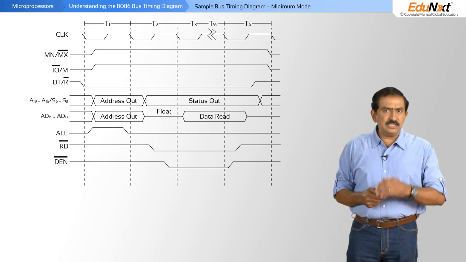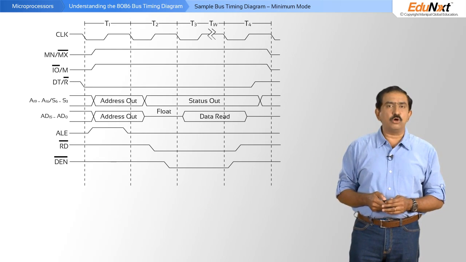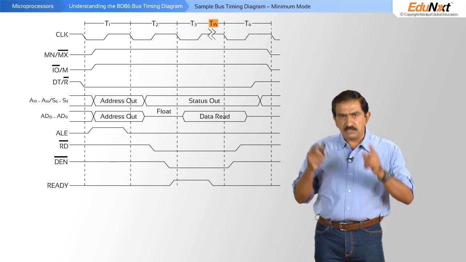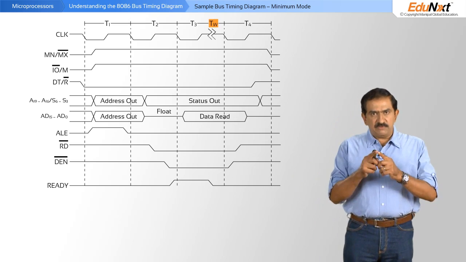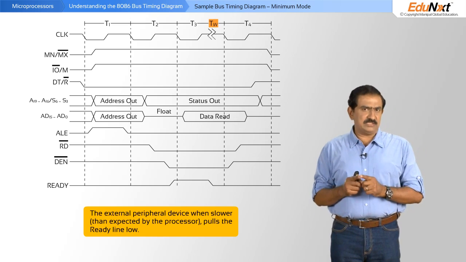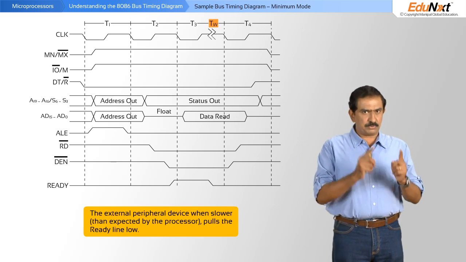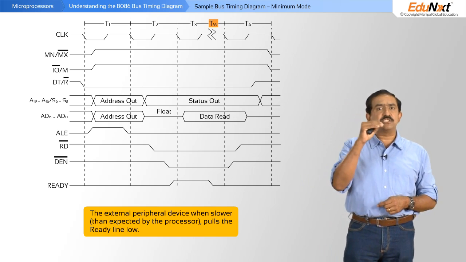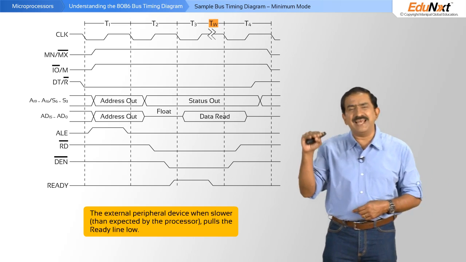The last signal in this particular set of waveforms is something called ready. I told you about the T-wait clock phase. If the external peripheral device is slower than the processor expects it to be, it is the responsibility of the external peripheral device to pull the ready line low.